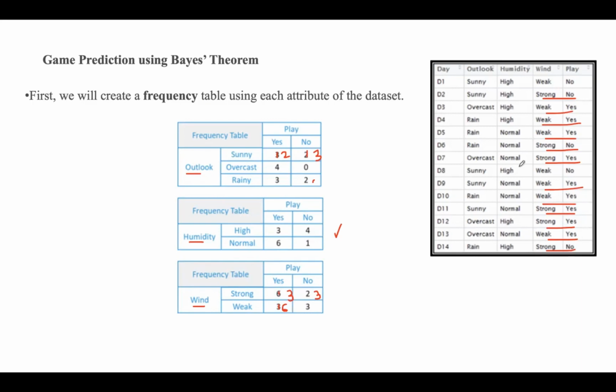Weak, no is 1, 2. Yeah, it was given in reverse. Okay, this is strong and this is weak. After calculating this, now we need to calculate the likelihood table. So let us go to that table.